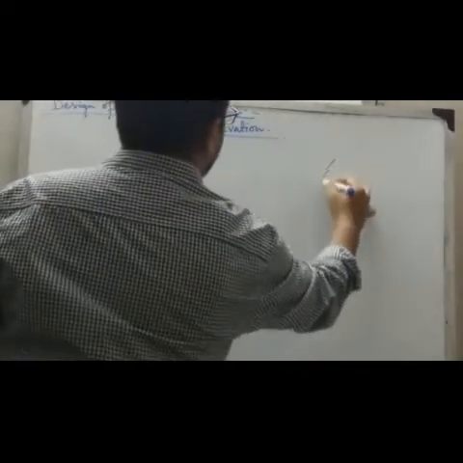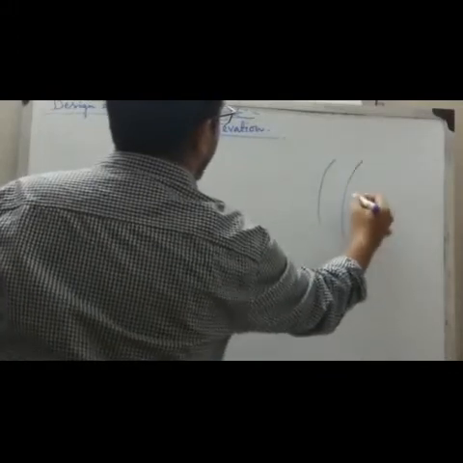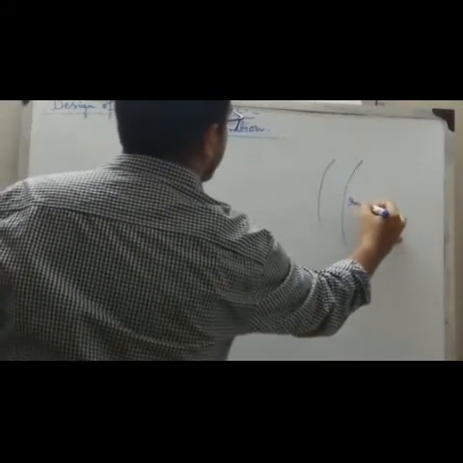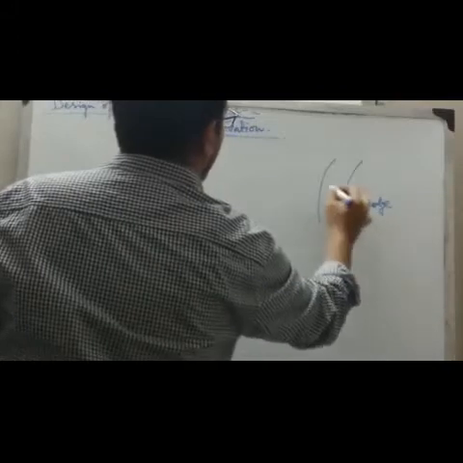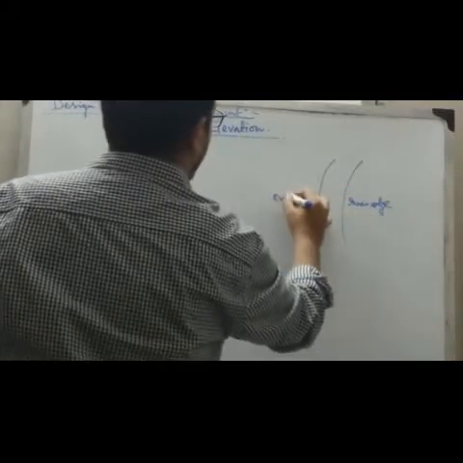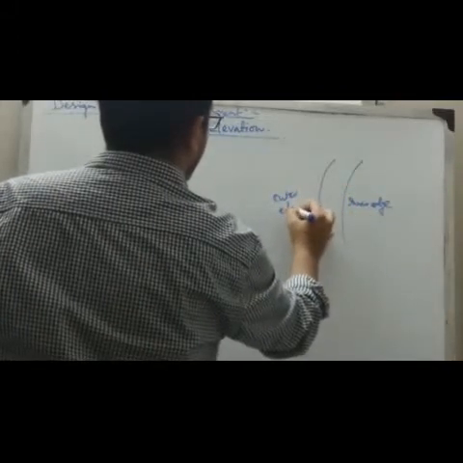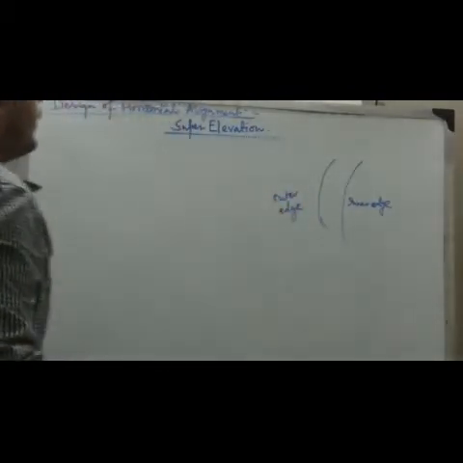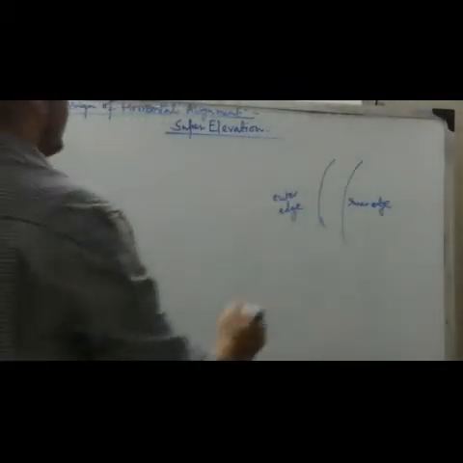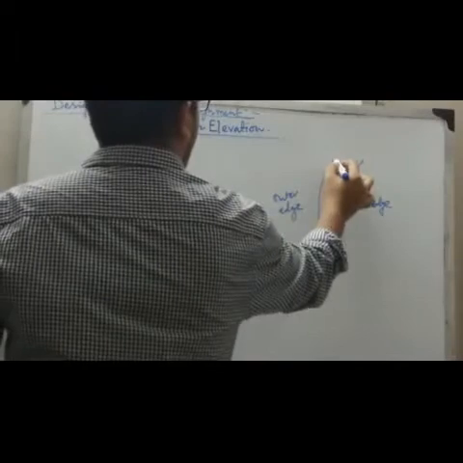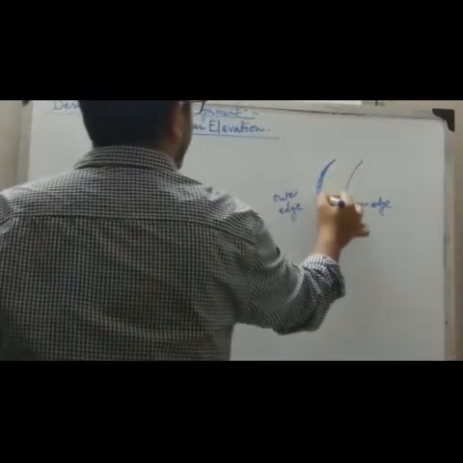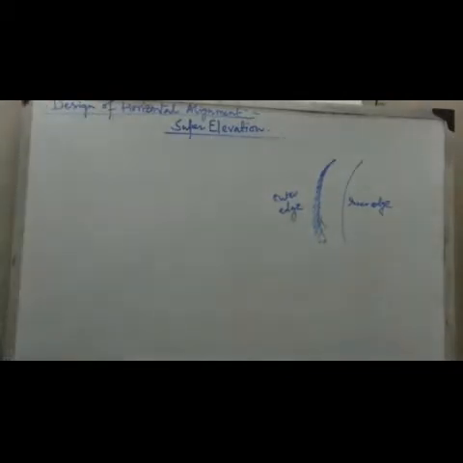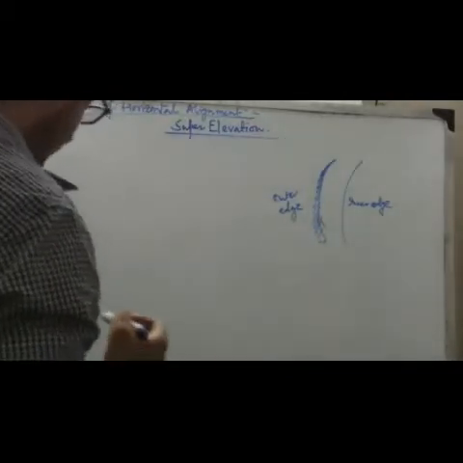Suppose this is a pavement, this is the inner edge and this is the outer edge. So, to counteract the centrifugal force in the turning, the outer edge is raised with respect to the inner edge. This amount of raise is known as super elevation.